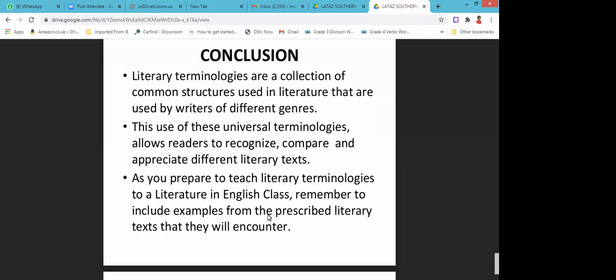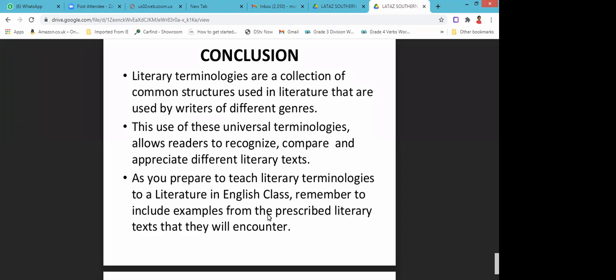Some of them, they will encounter in reading, and that will be an opportunity for us to give an explanation because they will ask. But all in all, as teachers, this is just some of them, and there are so many more that we can use.